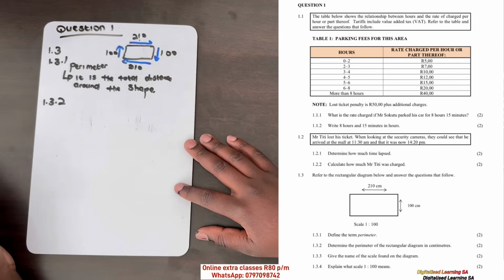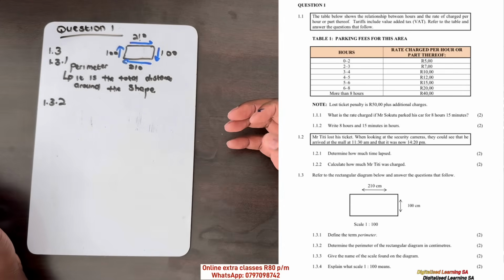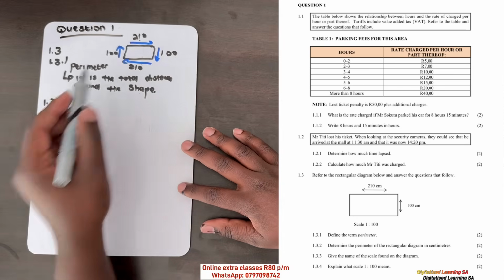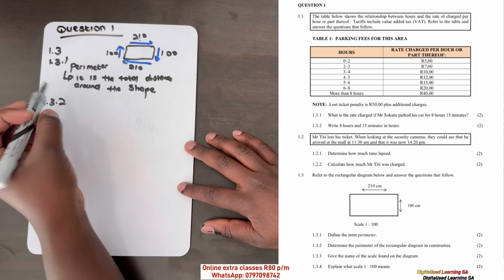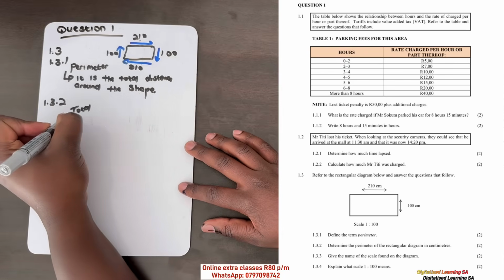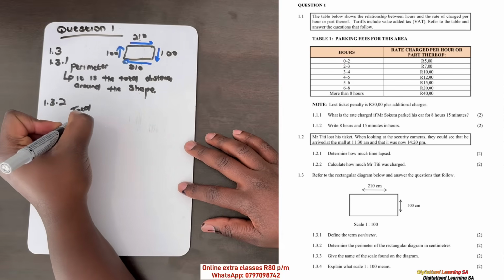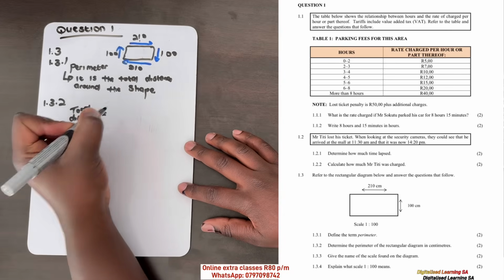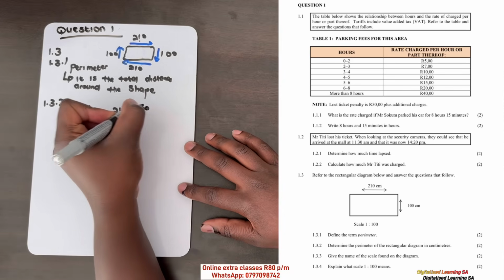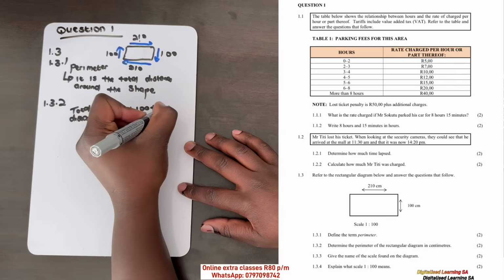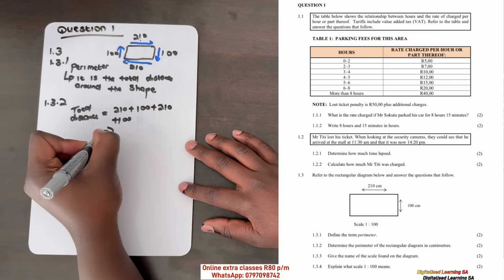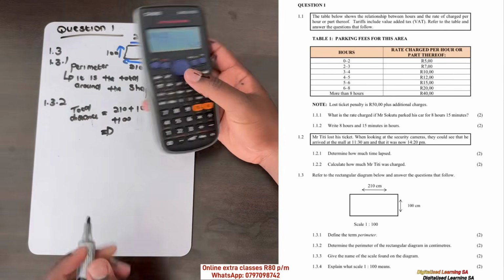Okay, so to determine the perimeter, remember we said the perimeter is the total distance around the shape. So we have all the distances. To get the total distance, we just add everything up. You see how easy it is. We just say 210 plus 100 plus 210 plus 100, and our answer will be our perimeter.